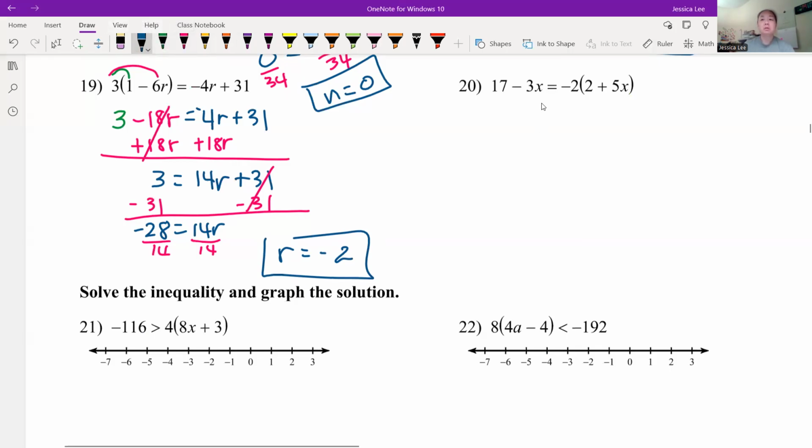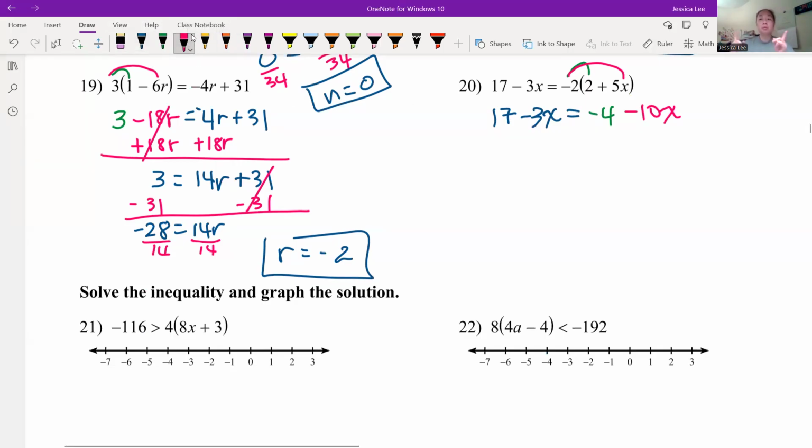All right, number 20. I notice here on the left, I don't have much work to do, but on the right, I have just one thing I need to do. I need to distribute. Negative 2 times 2 is negative 4. And negative 2 times 5x is going to be negative 10x, or minus 10x. All right, nothing to combine like terms on.